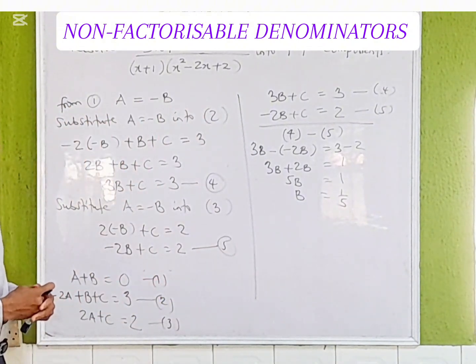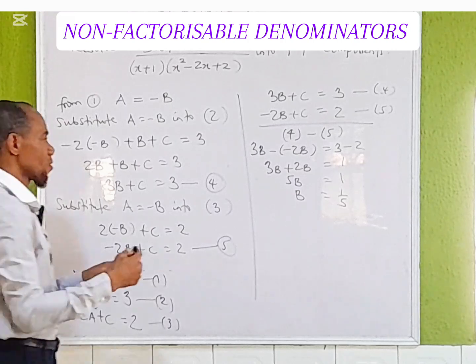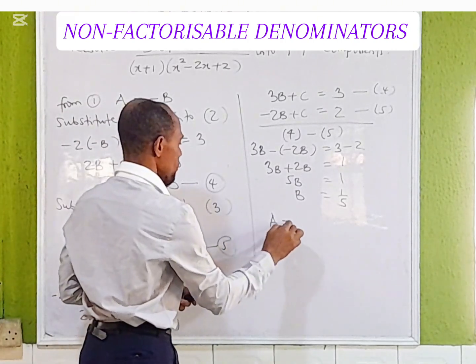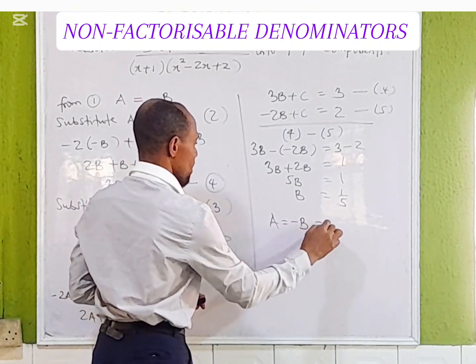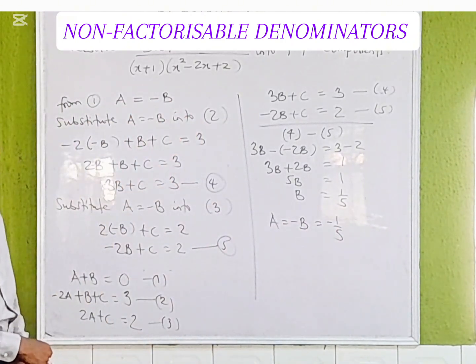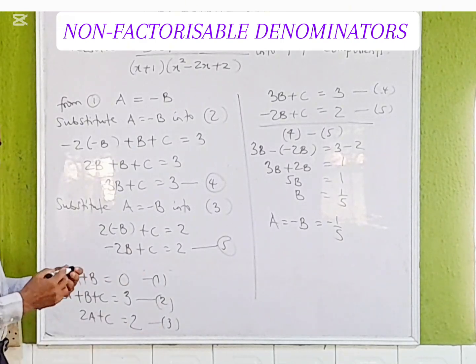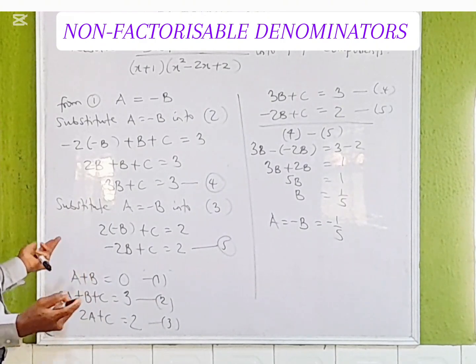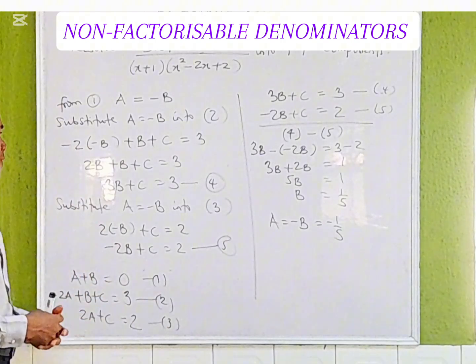If b equals 1 over 5, we have actually gotten a, because recall a is minus b. Hence, that's minus 1 over 5. So a is minus 1 over 5, b is 1 over 5. And that leaves us with c. So to get c, we are at liberty to use any equation that has c involved.